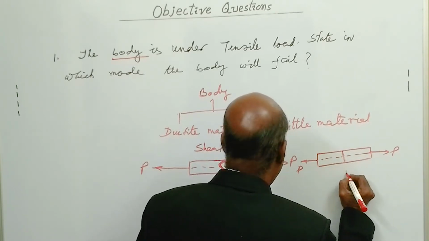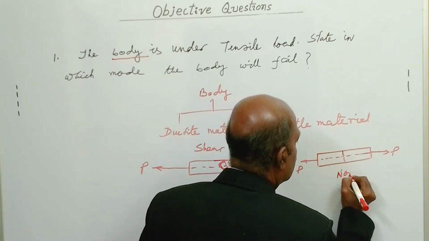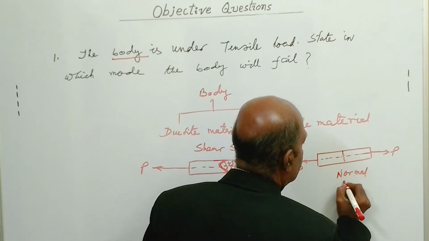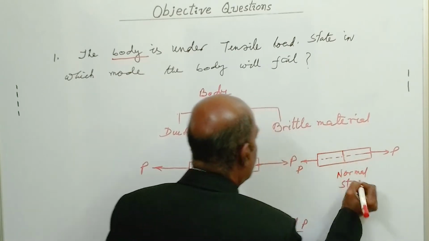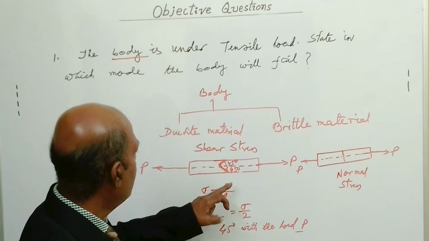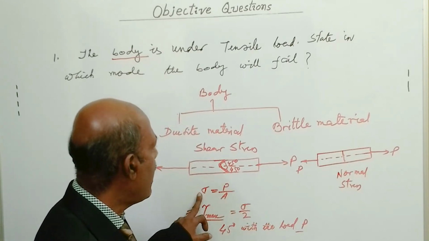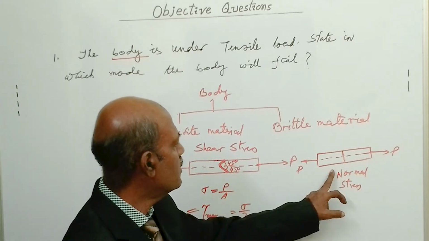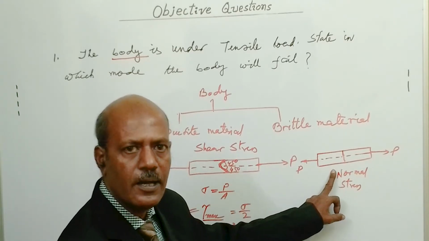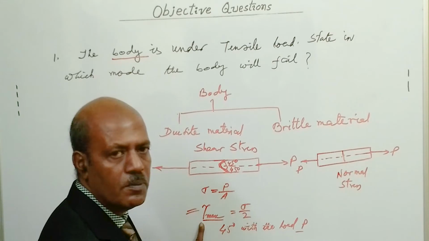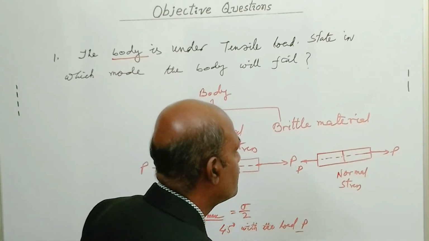So it will fail by normal stress. That means when the body is under load P, sigma is P by A, and because of sigma this brittle body will fail, and for ductile body it will fail by shear mode.